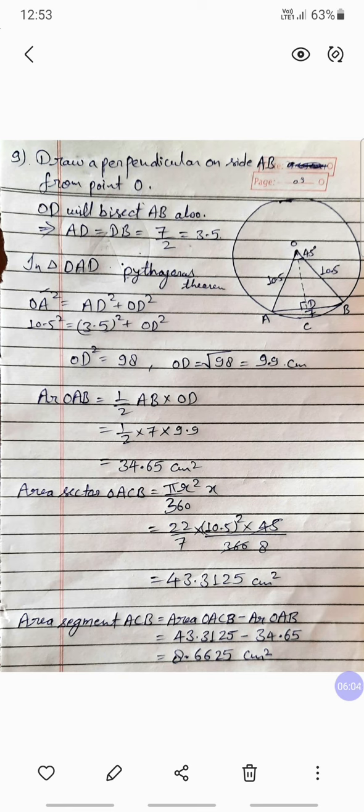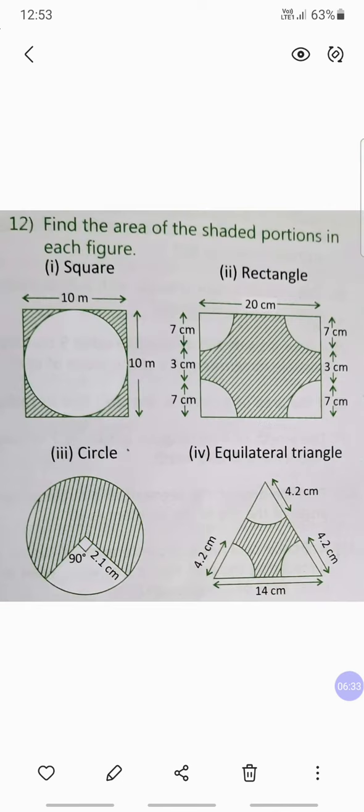So area of sector is 43.3125 minus area of triangle 34.65, that is 8.6625 centimeter square. So this question is quite a tricky question, and please revise it at least twice or thrice. If you are not able to understand this question, see this video again and again and try to understand this. Let's move to the further questions.